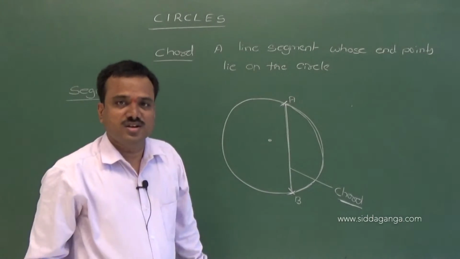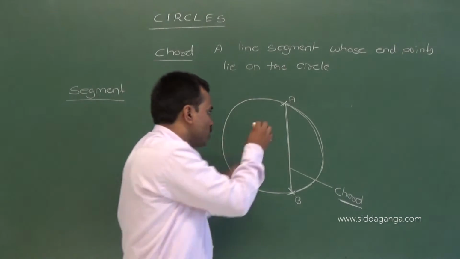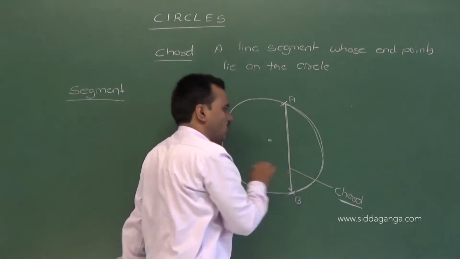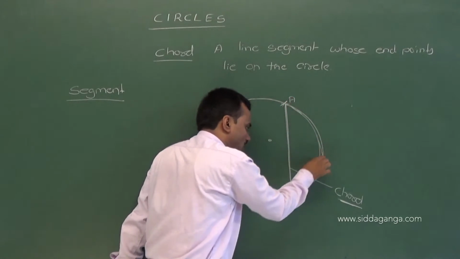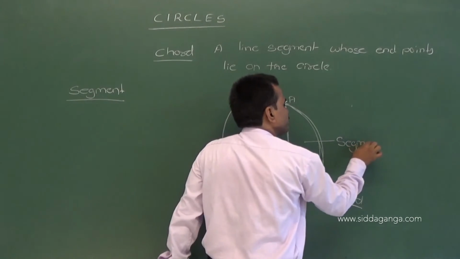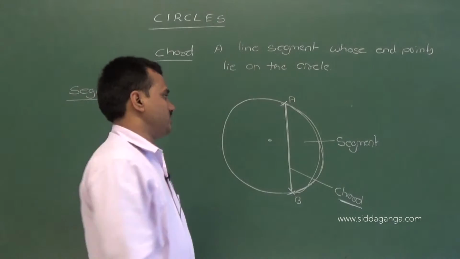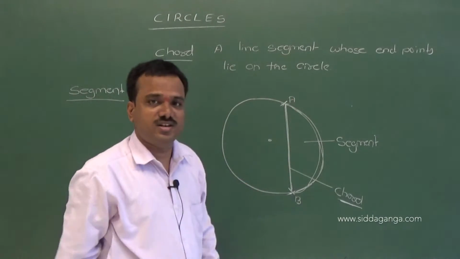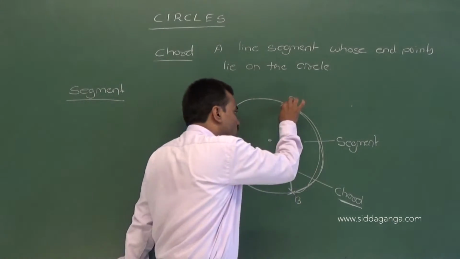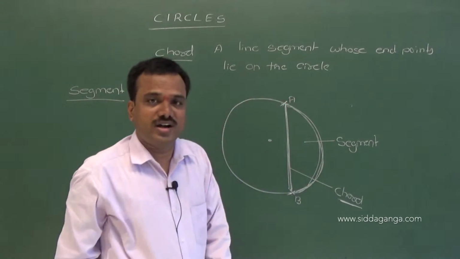The region or the area bounded by a chord and an arc is called a segment.